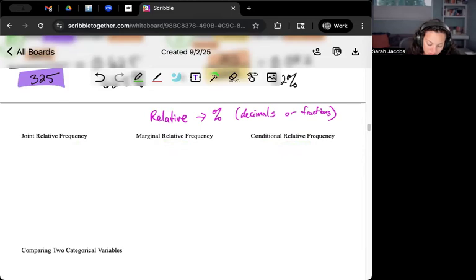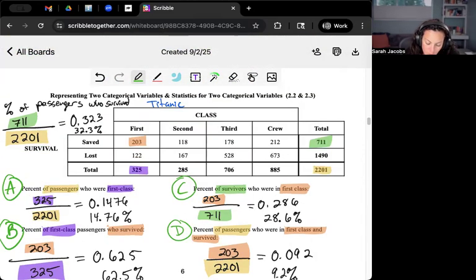So for instance, the frequency of first class passengers is 325. The relative frequency of first class passengers is right here. That's about 14%, 15%. So number, percent.